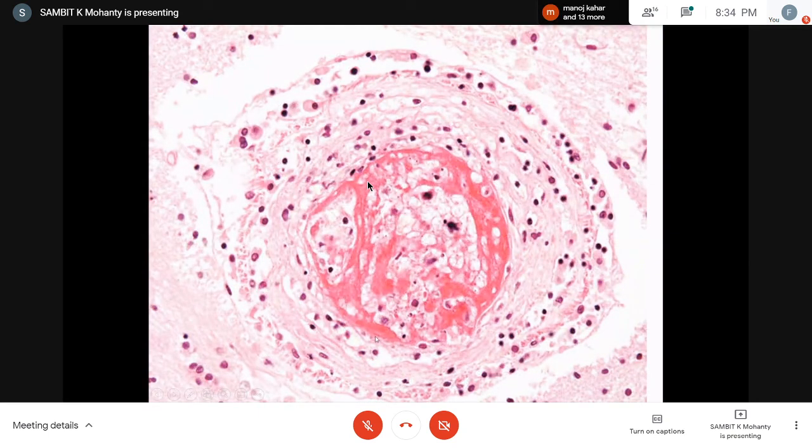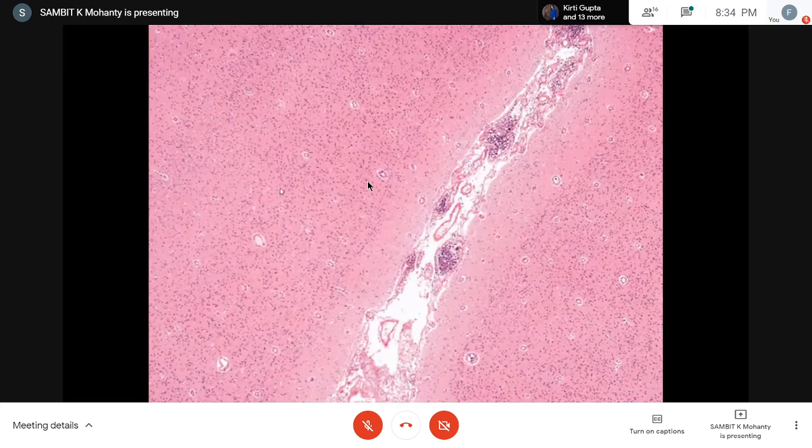There is a lot of fibrin, there is a thrombus, and the wall as well as the lumen and the periphery are infiltrated by uninucleated hyperchromatic cells. And if you see this, this is the sulcus and this is the pia, and just below the pia, the vessels are clogged with these blue cells.